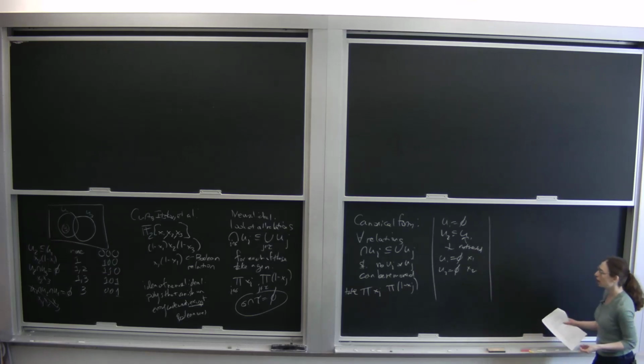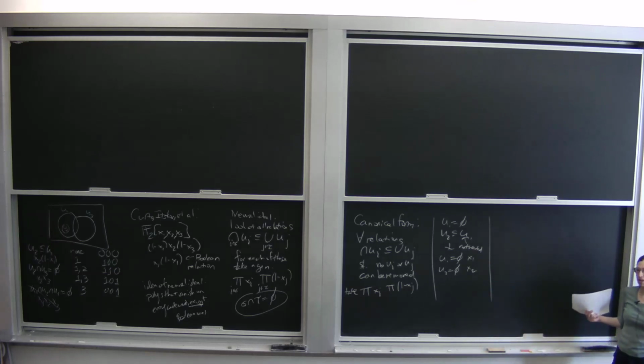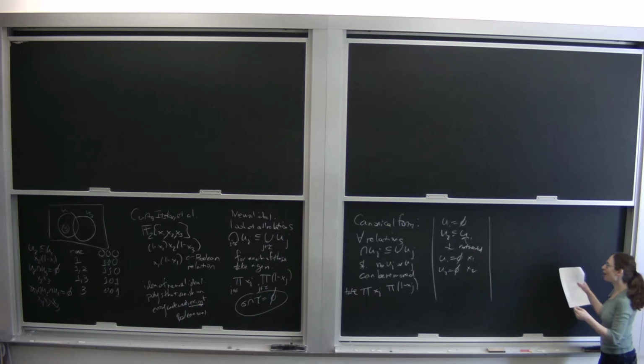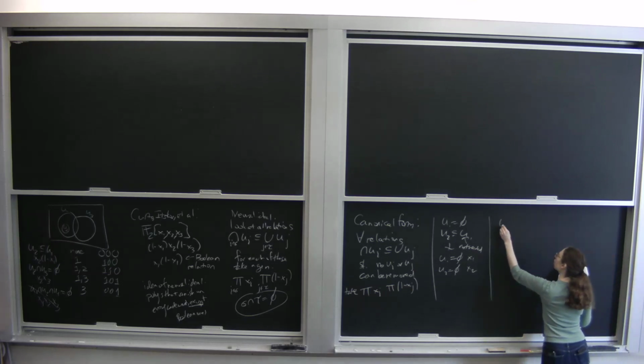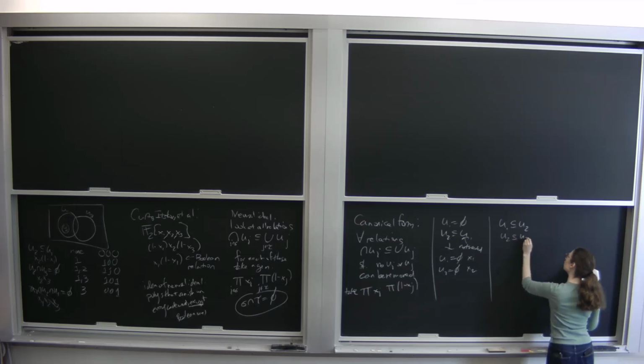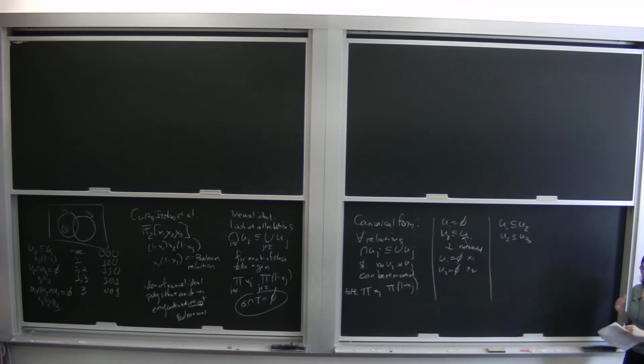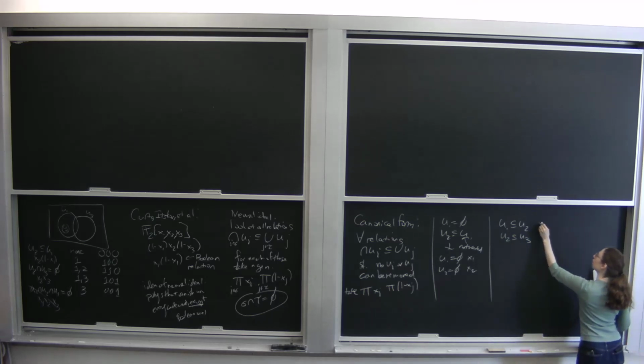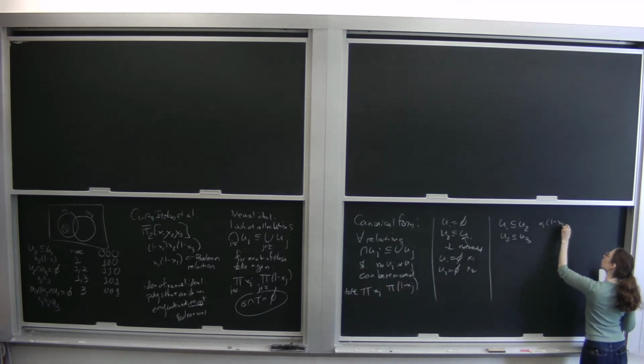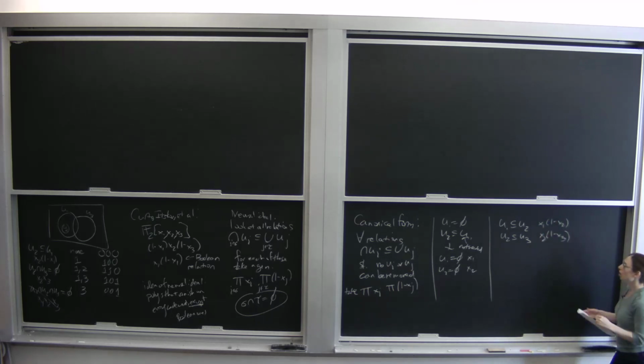And the example, I did do this at Wicca, but let's do it again because it's the shortest one to write down here. That's if I have U1 is contained in U2 and U2 is contained in U3. I know these are relations. I'm going to get x1 times 1 minus x2 and x2 times 1 minus x3.